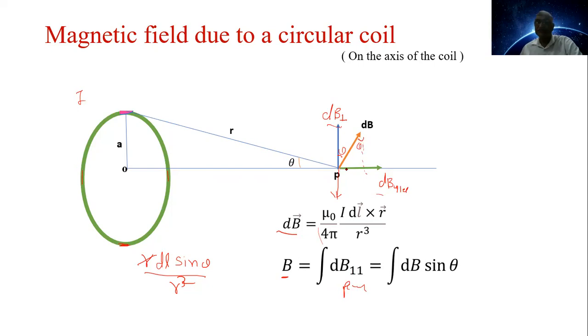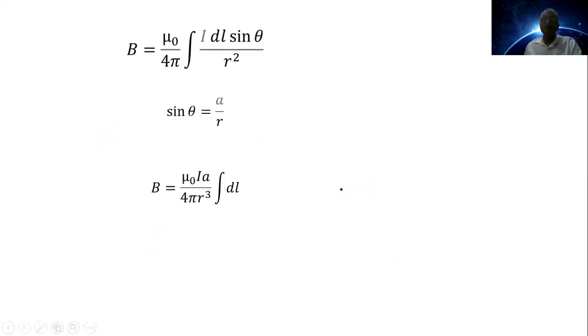And that's why we get dB sine theta, because sine theta is equal to the front side upon the hypotenuse, and we can write the front side as dB parallel upon dB. And that's why we get the integral of dB sine theta. Therefore, B is equal to mu 0 upon 4 pi integral of I dl sine theta upon r square. We put the value of sine theta: sine theta is equal to A upon r.